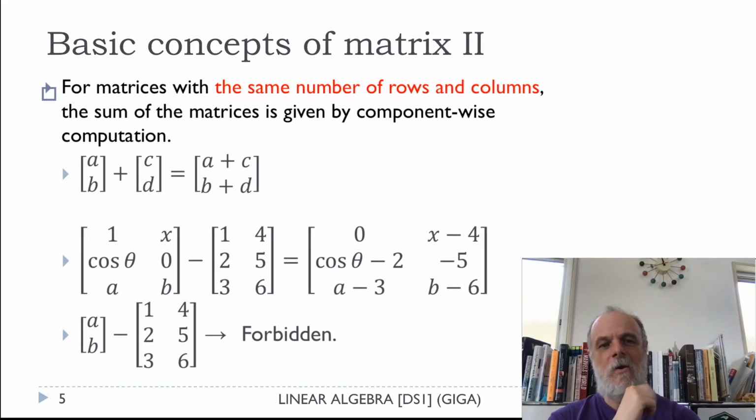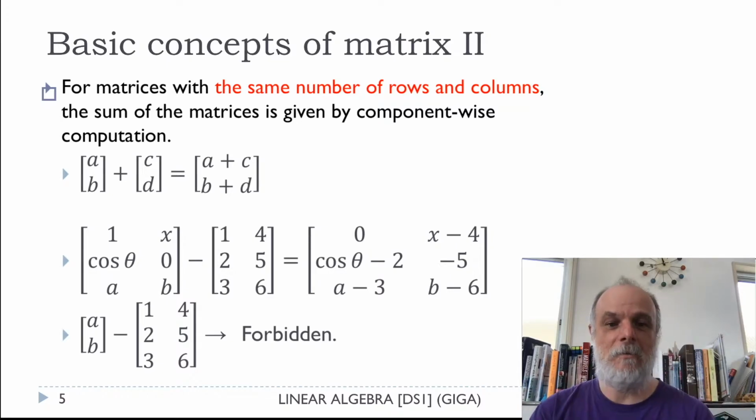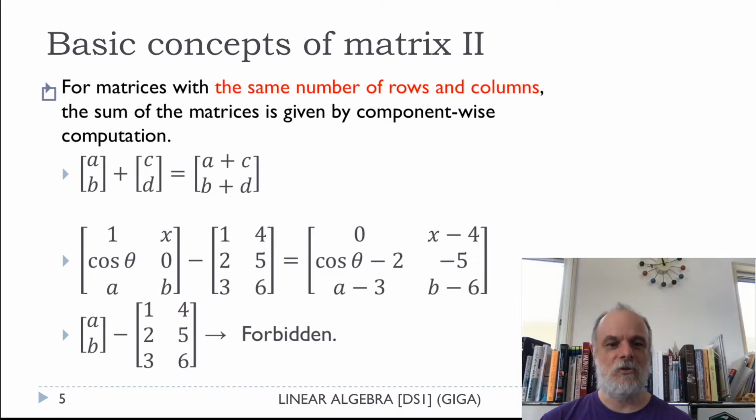Likewise, in the second row, the first entry on the left is cosine theta, and the one on the right is 2, so the result is cosine theta minus 2. And then 0 minus 5, so you get minus 5, and then a minus 3, so you get a minus 3, and then b minus 6, so you get b minus 6. Clear enough, I hope. It's pretty easy. You go element by element to do addition or subtraction.